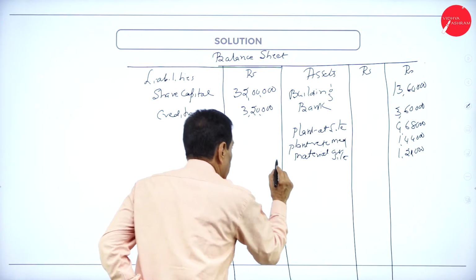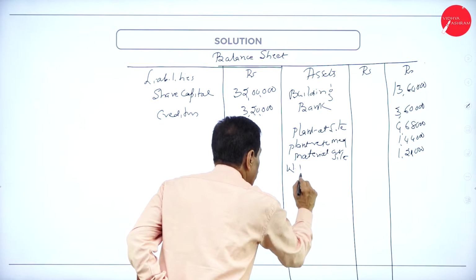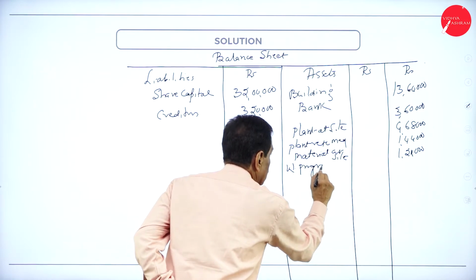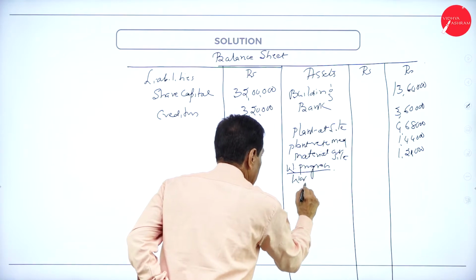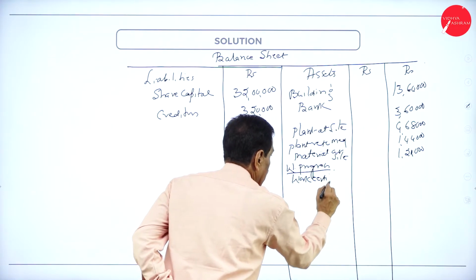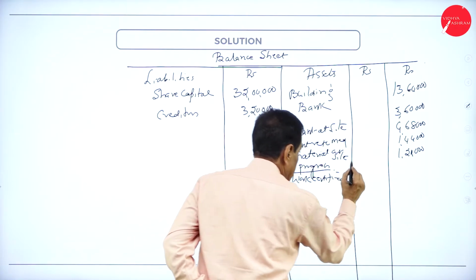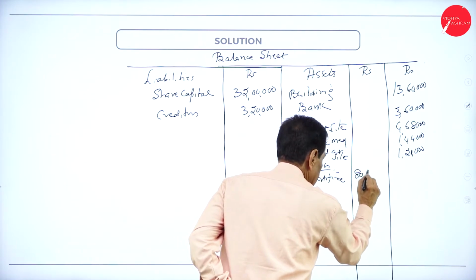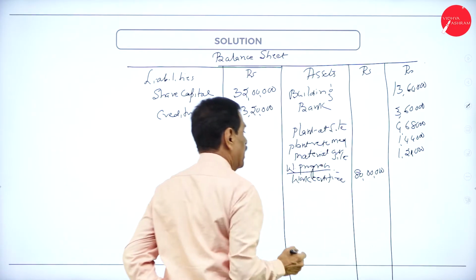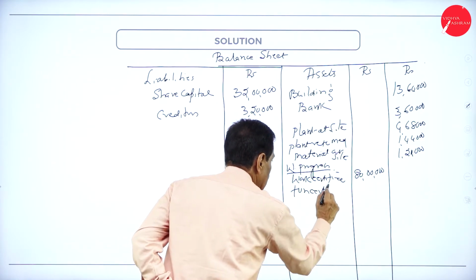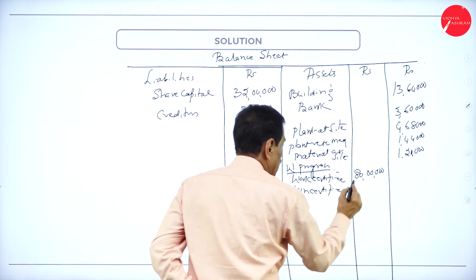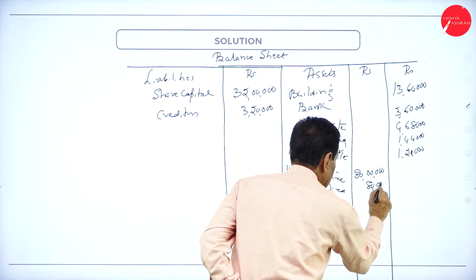Then work in progress. Work certified, 80 lakh, plus uncertified 80,000.